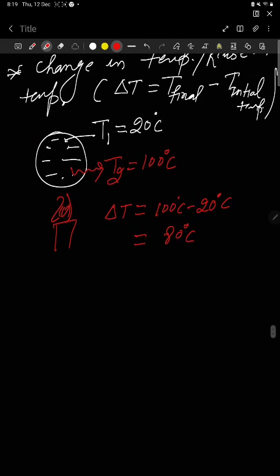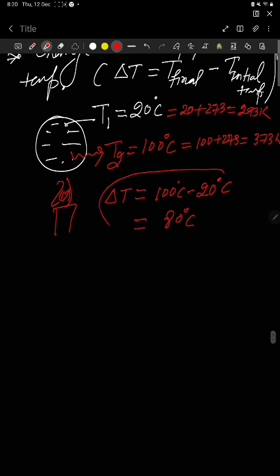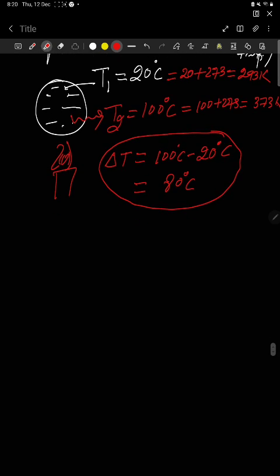Now if I convert these temperatures into Kelvin, 20 plus 273 will be 293 Kelvin, and 100 plus 273 will be 373 Kelvin.